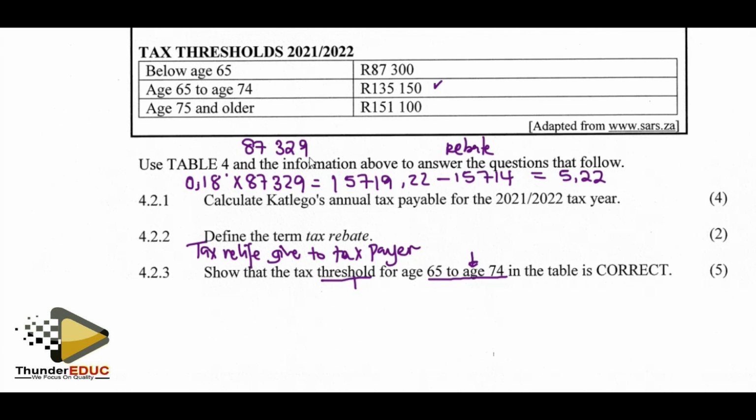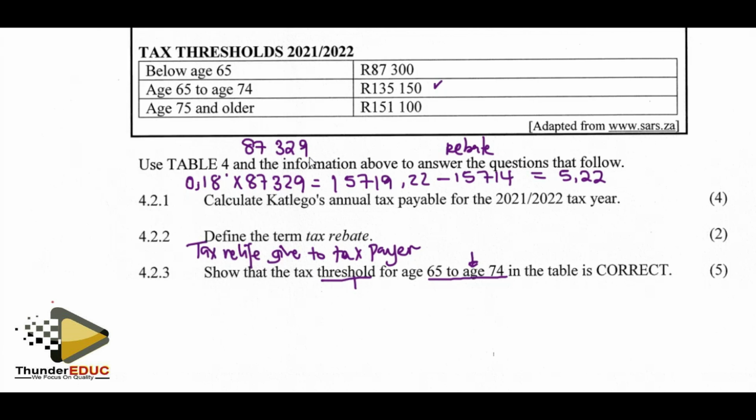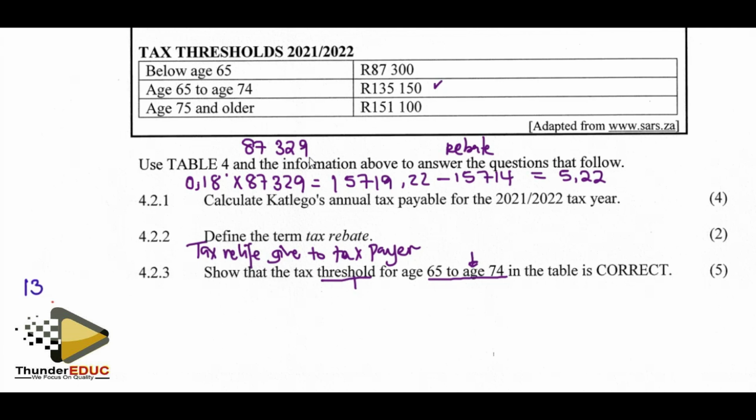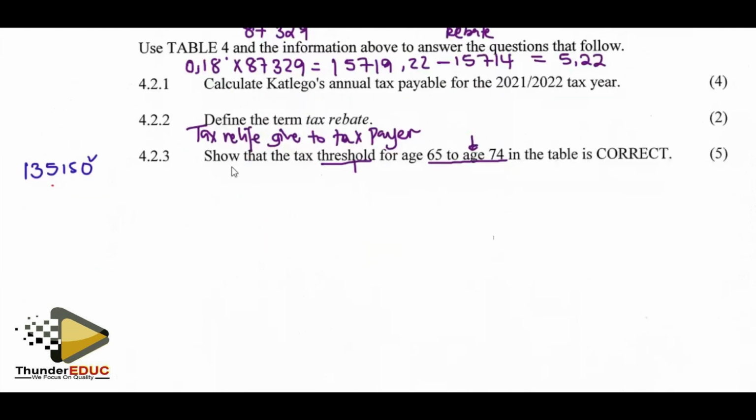We shall pretend someone earns that in a year. Which bracket are they in? They are in the first bracket, which is okay. So we say 18% times 135,150.